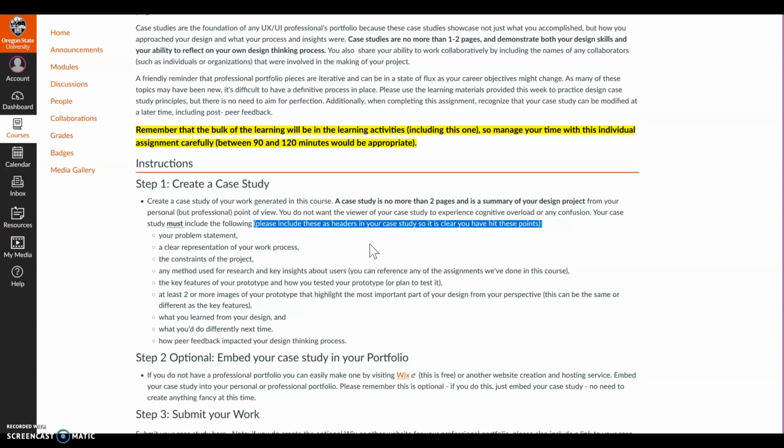It's not a research paper. It's really for you to have free thought about what you did and just to be somewhat succinct in sharing that. Because again, remember, if you were to share it out on a website, people would only read so much, and they might want to see a few pictures that would enhance your case study. And you do not have to share your entire prototype, just something brief that gives us a sense of what you did.